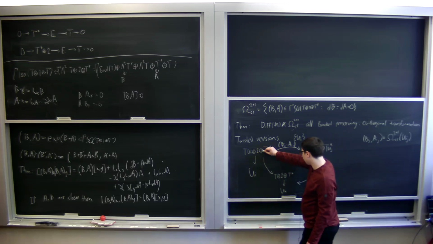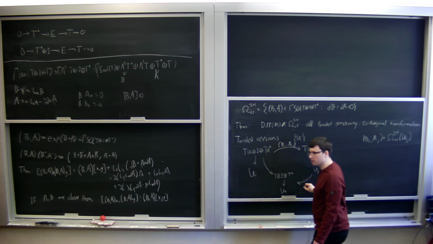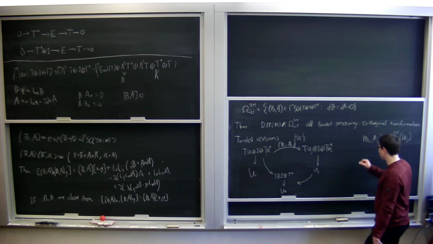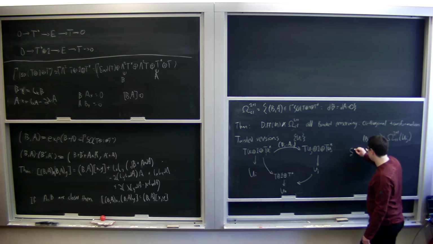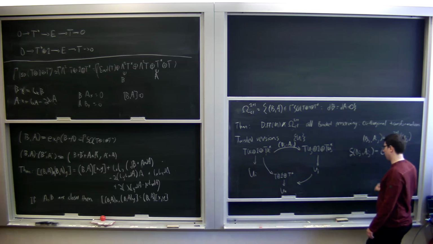So gluing from U_i to U_k should be the same as gluing from U_i to U_j and U_j to U_k. So from this, we get a cocycle condition on these 2+1 forms. This should be equal to 0.